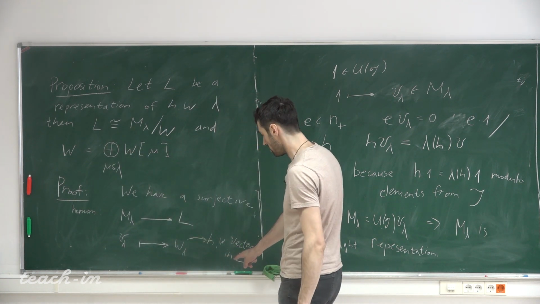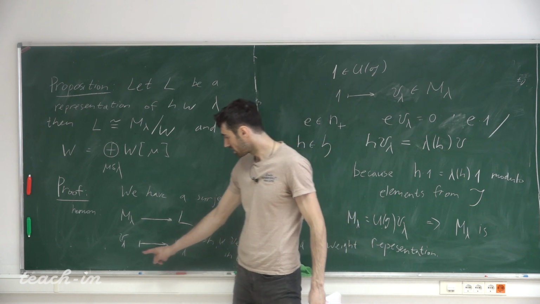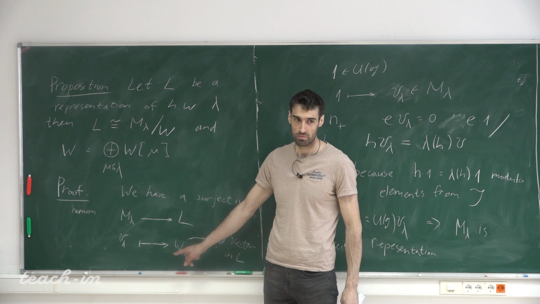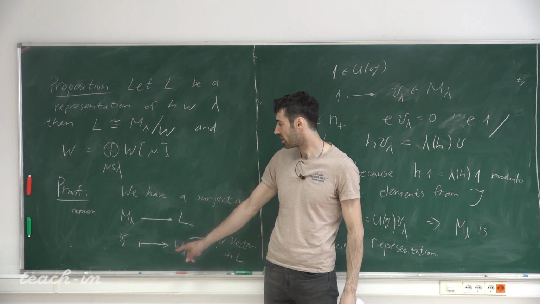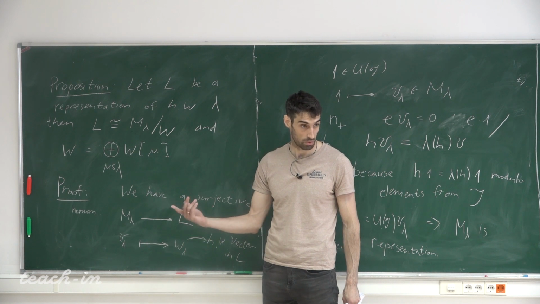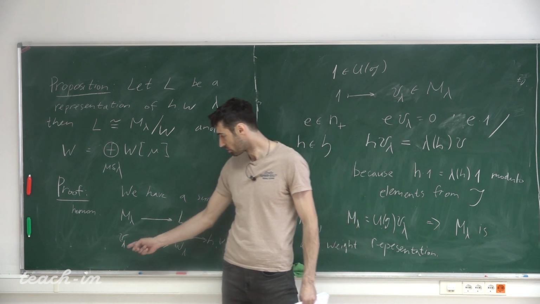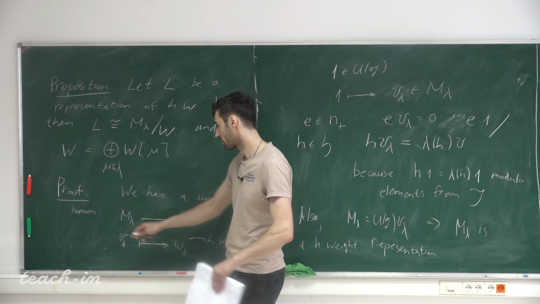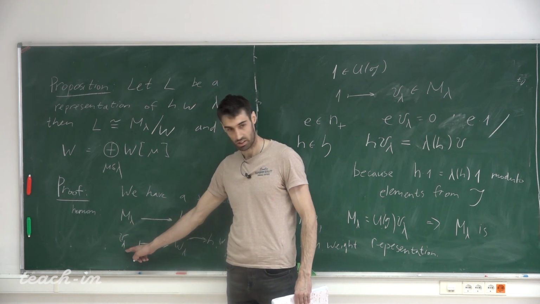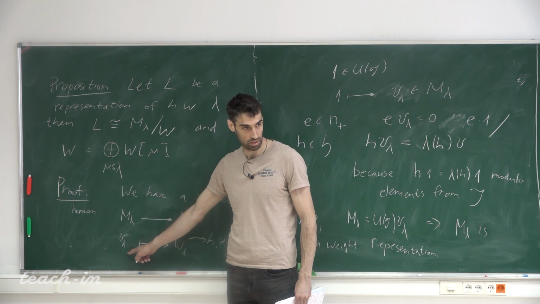So when I say that I send highest weight vector here to highest weight vector here, I actually already gave you a map, a homomorphism. Why is that? Because then every vector from here is just an element from U(g) times v lambda.